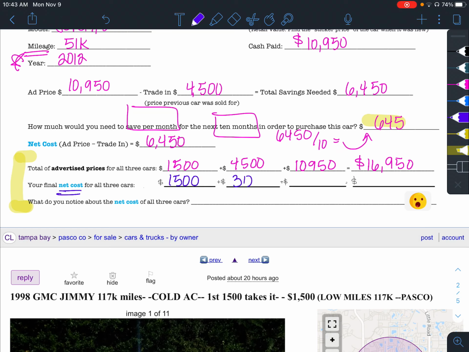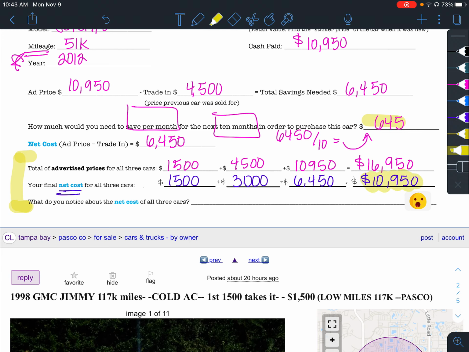For my second car, I had the $4,500 minus the $1,500 trade-in, so that left me having to only save $3,000. For my final car, I had $1,500 plus $3,000, which is $4,500 to put towards this new car. So I really only had to end up saving $6,450. And the net cost for all three cars was $10,950.